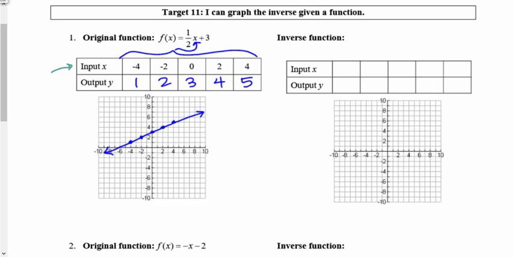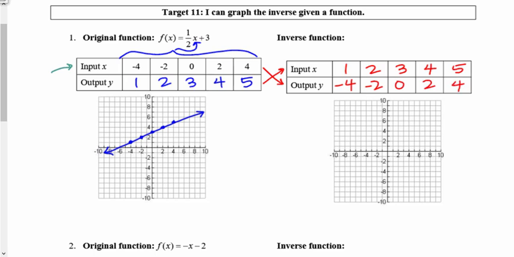Then, if you remember, all I'm going to do to graph the inverse is switch my x and my y values. So my x's are now my old y's, which was 1, 2, 3, 4, 5. And my y's are now -4, -2, 0, 2, 4.